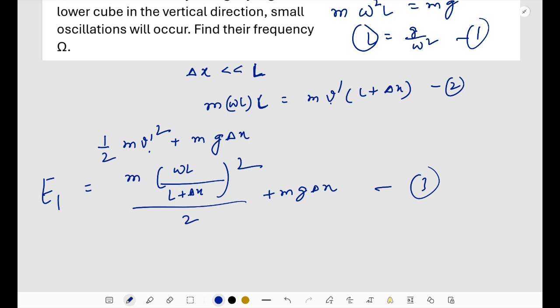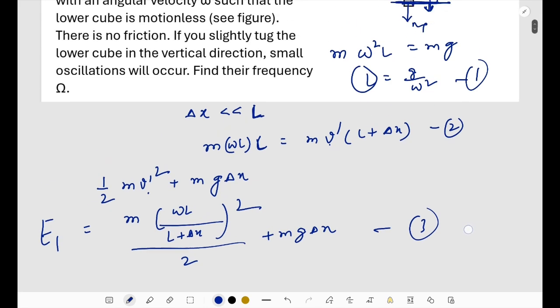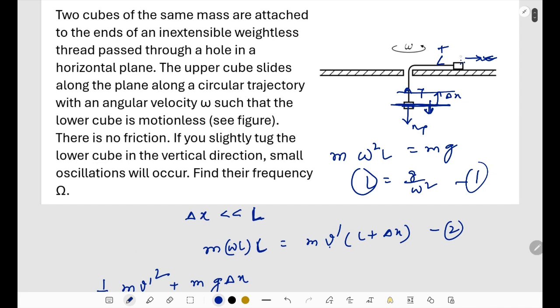And what was it? That means I would like to write the energy of both cubes at the moment of passing the equilibrium position. At the moment of passing the equilibrium position, that means this position, both will have some velocities.